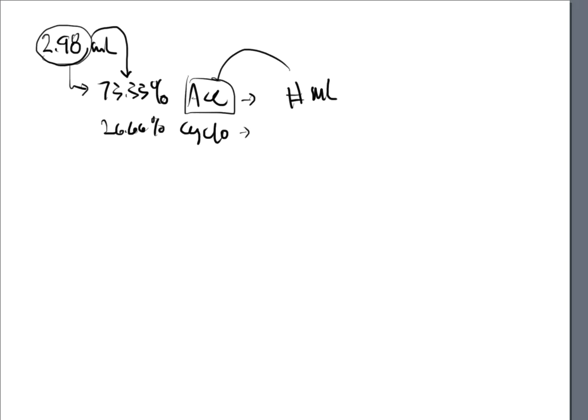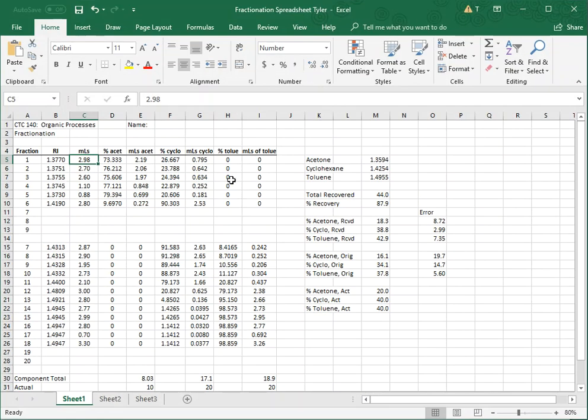You'll then do the same thing for cyclohexane. So you'll take 26.66% of the volume that you've collected, and that is related to the number of milliliters of just cyclohexane that's inside of your sample. And then you're going to tabulate those numbers all the way throughout the spreadsheet. So what you're seeing is that for here, to get the 2.19, I took the 73.33 divided by 100, so I could turn that into a decimal, and then I multiplied by C5.